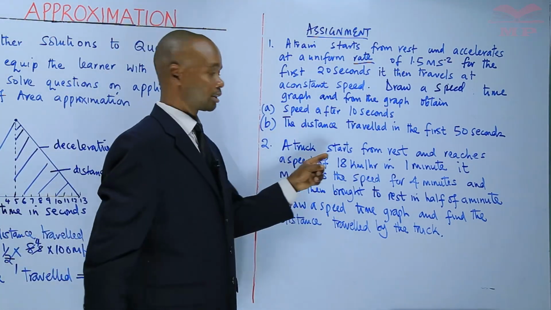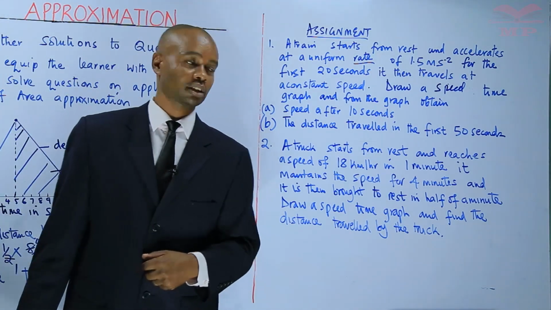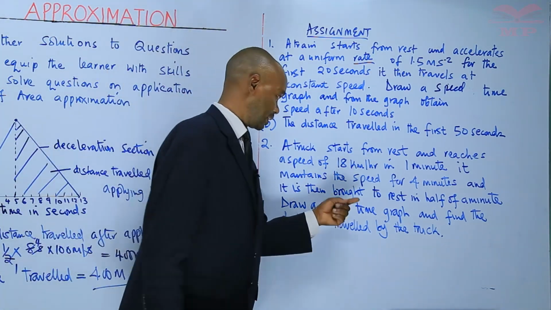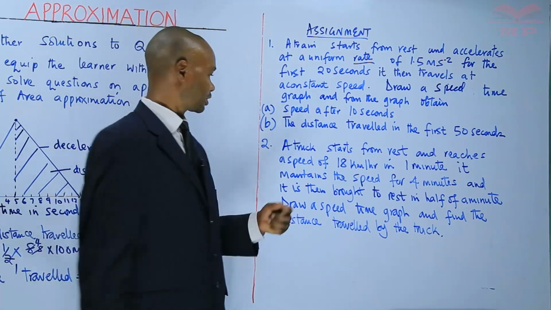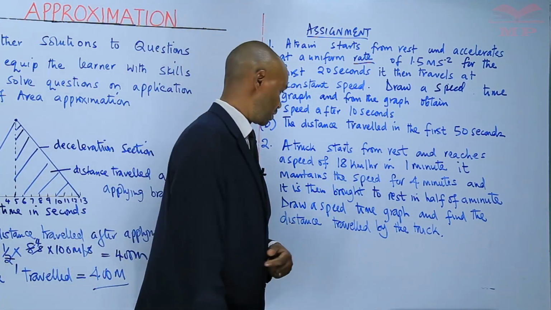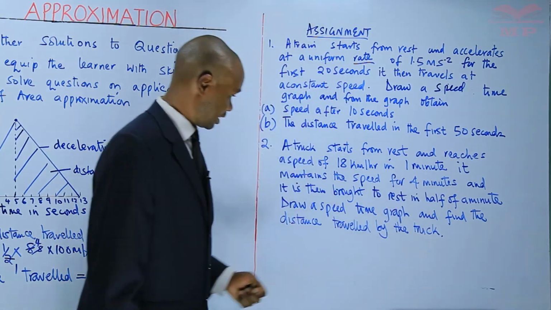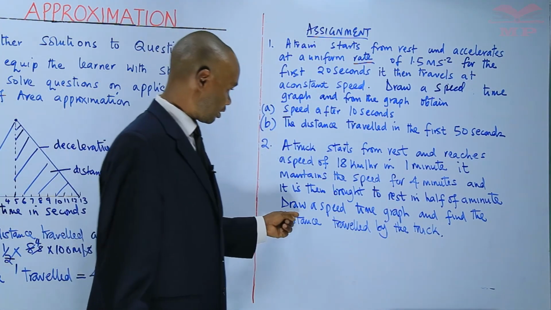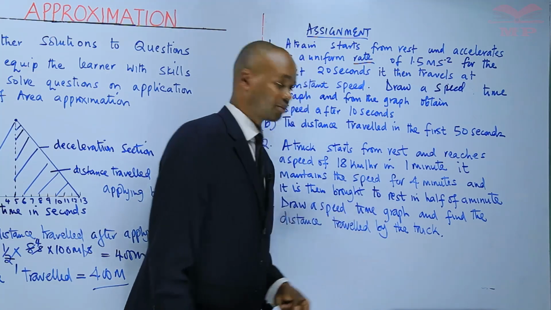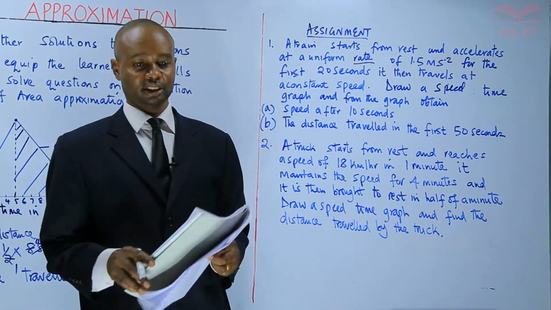Number 2, a truck starts from rest and reaches a speed of 18 kilometers per hour in 1 minute. It then maintains the speed for 4 minutes, and it is then brought to rest in half a minute. Draw a speed time graph and find the distance traveled by the truck.